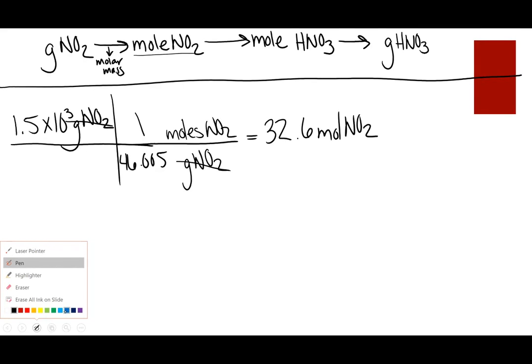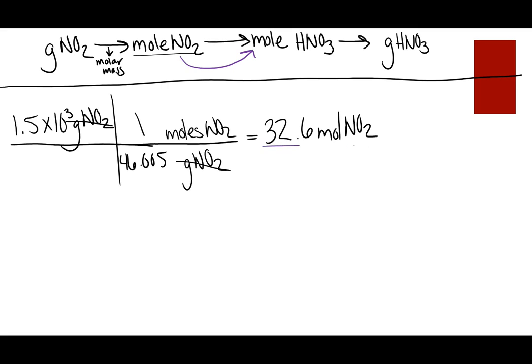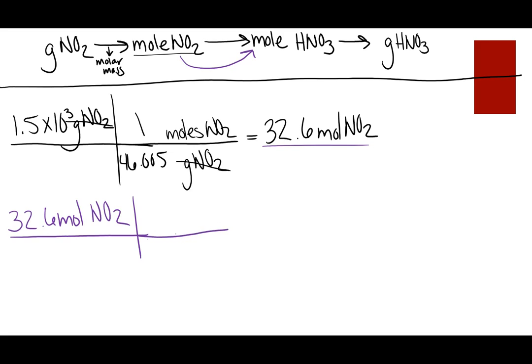Switch colors here just because we're going to a new step. All right, so that was step 1. Step 2 is our new step. So moles of A to moles of B. So this is the only new step that we have to learn. So I'm going to take my answer from the first step and start a new train track. All right, so let the units guide you. So moles of NO2 is going to go on the bottom because that's going to cancel. Our destination, or what we're interested in, is going to go on the top. So that's HNO3.